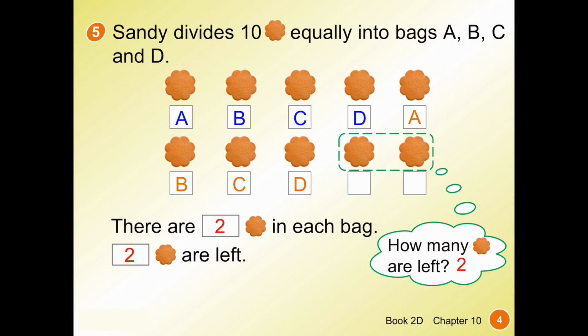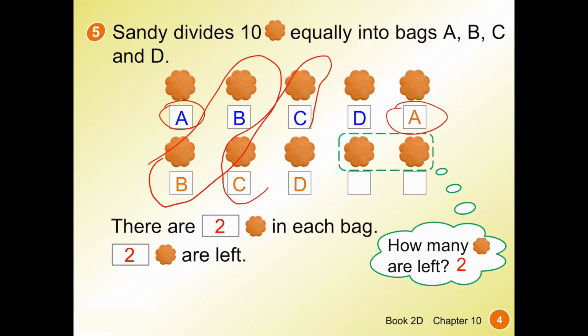Because when we look at the alphabets, for A, there are 2 biscuits. So that means bag A contains 1 and 2 biscuits, and so as bag B, 2 biscuits, and then bag C, 2 biscuits as well, and also bag D.